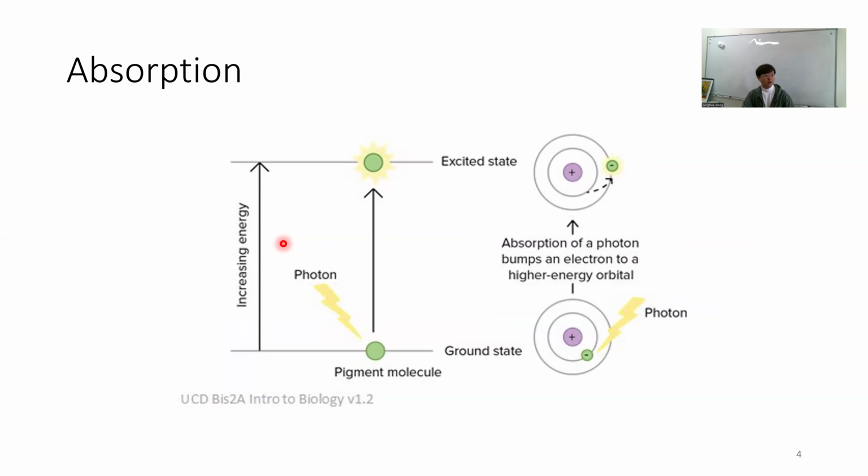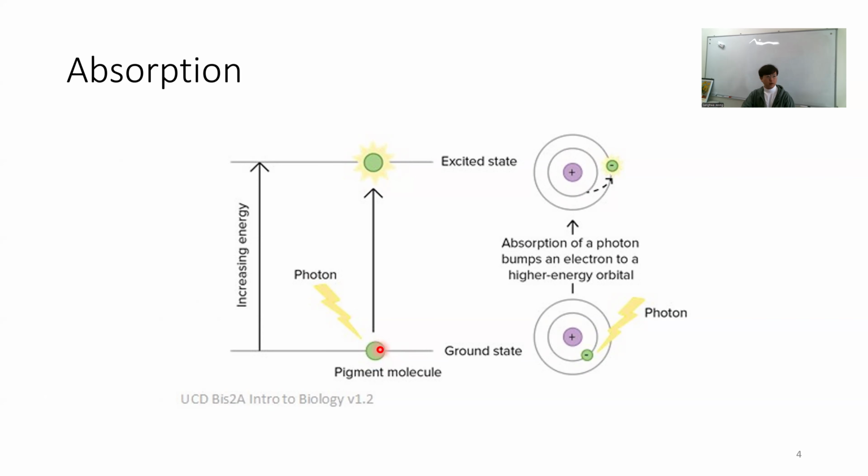So what is absorption? Absorption means that a photon is absorbed by the material. But to look more deeply into what happens, it is actually an electron-related phenomenon. Assume there is an electron at the ground level. The ground level is the most stabilized state.